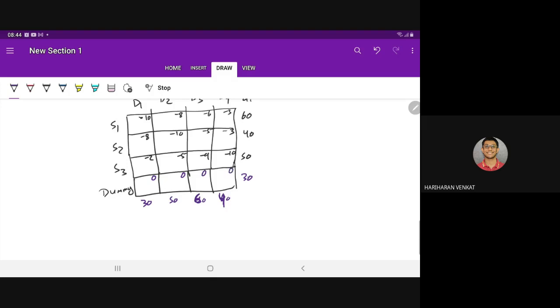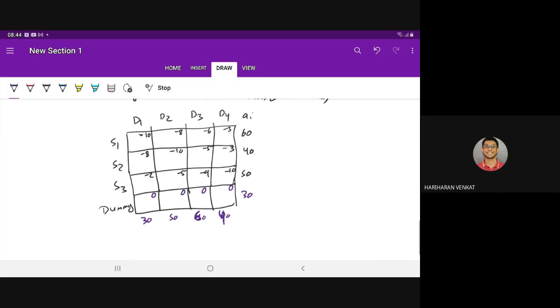Clear? Now just convert the cost for the minimization. So now whatever you have studied for the transportation problem, everything you can apply. They have said that the initial basic solution you have to compute through the northwest corner method.